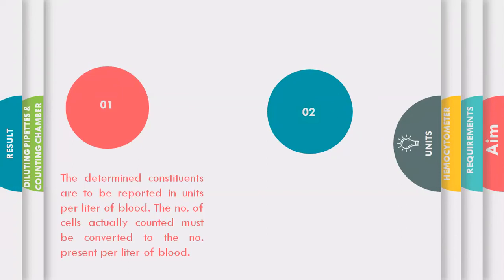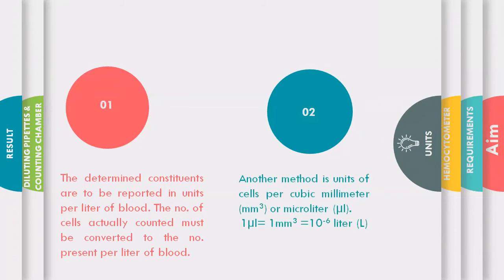Second, another method is units of cells per cubic millimeter or microliter. 1 microliter is equal to 1 milliliter is equal to 10 raised to minus 6 liter. These are the units.